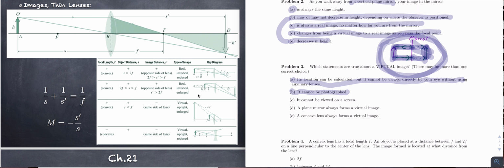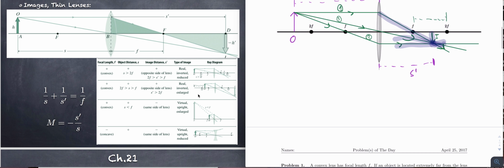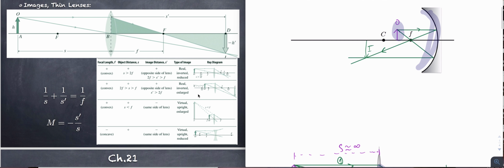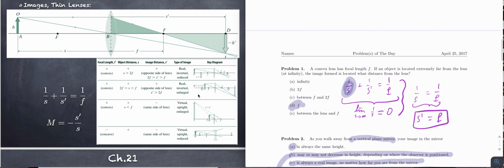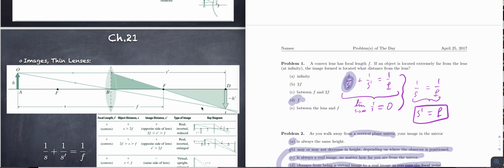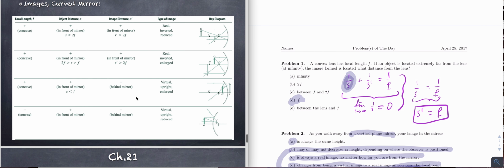Cannot be viewed on the screen. Now this is true, and why? If we look at our ray tracing diagrams, or actually let's look at the one on the table.